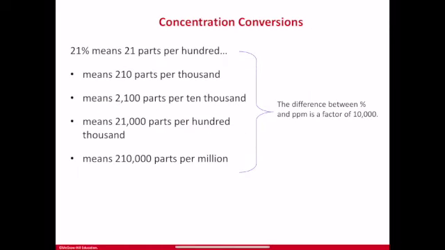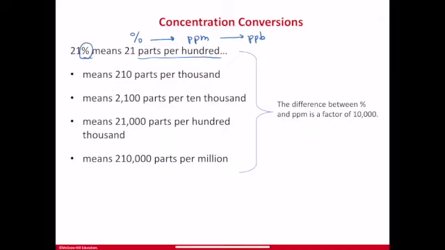So 21% means parts per 100. Percent is parts per 100. And we can do these conversions to percent and parts per million, ppm, or even parts per billion. The number 21 doesn't change, but this fraction will change.